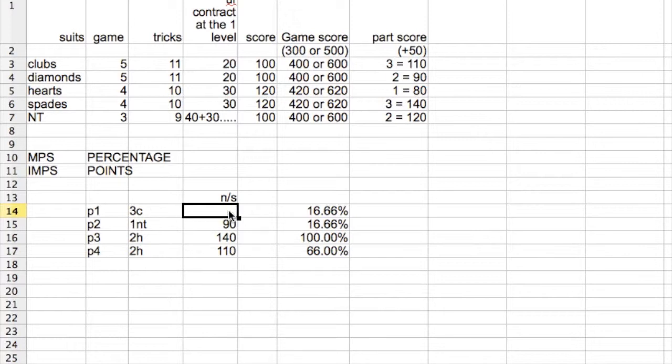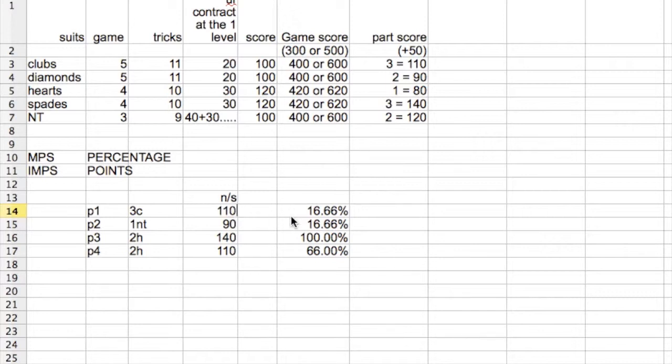So if they make 3 clubs, it's 90 and 50 is 140. No, 60 and 50. Oh, geez, 60 and 50 is 110.